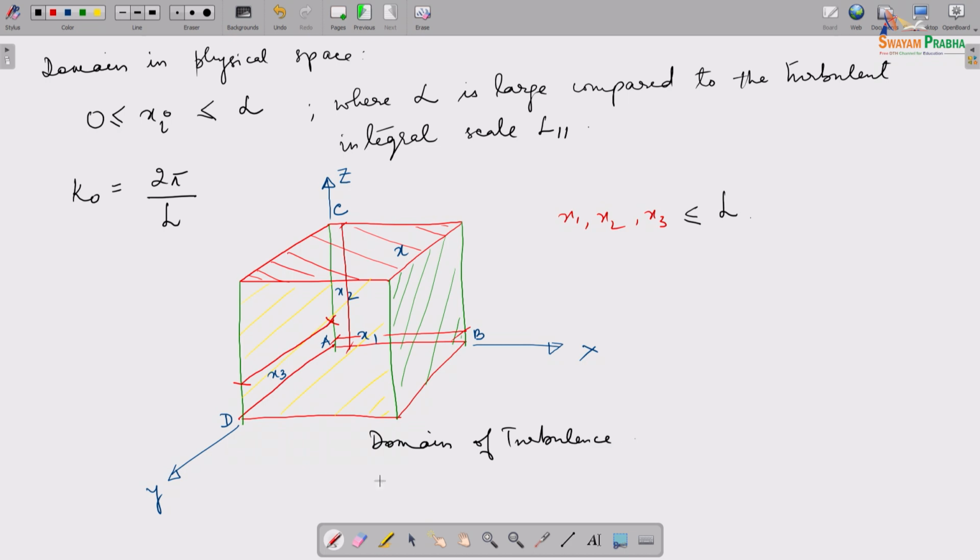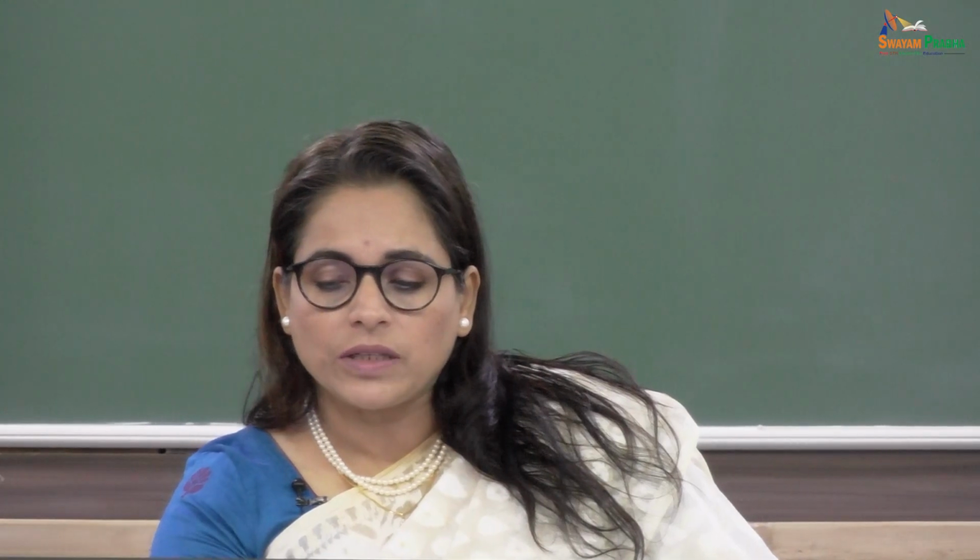In this I have, so where is this x? This x is x1, x2, x3 at some instant of time. So this x1, x2, x3 is within this cube, and the lengths of the sides are much less than this L, which is very large compared to the integral scale L11.